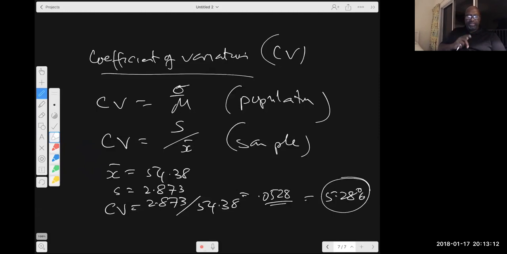And if you start getting 30, 40, 50%, then that's a fair amount of variability. But to be down to 5.28%, that's actually pretty good. So that means that for this data set, which varies between 49 and 61, most of the teachers are spending approximately the same amount of time, 54.38 hours per week to prepare for classes.